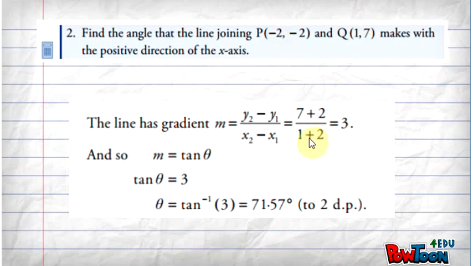So we get 9 over 3, which is 3. So m equals tan theta. So therefore, in this case, as the gradient's 3, tan theta equals 3. So the angle will be the inverse tan, tan to the minus 1, of 3, which is 71.57 degrees.